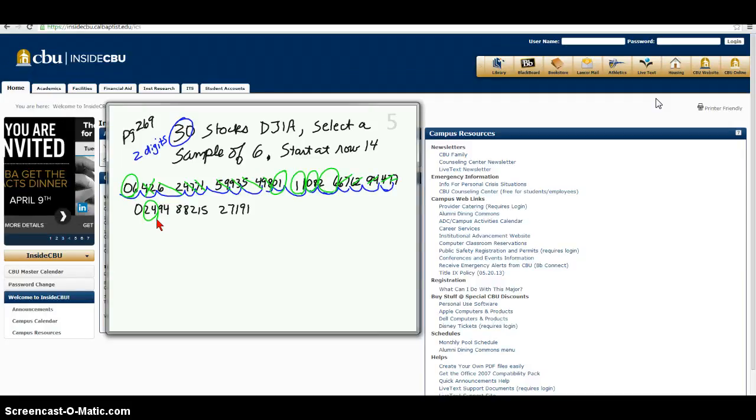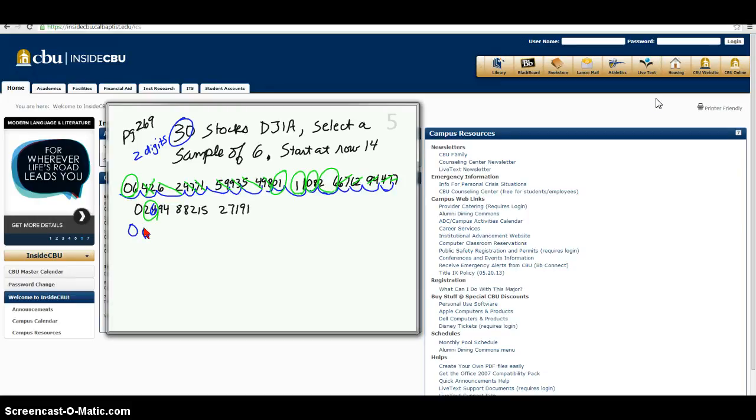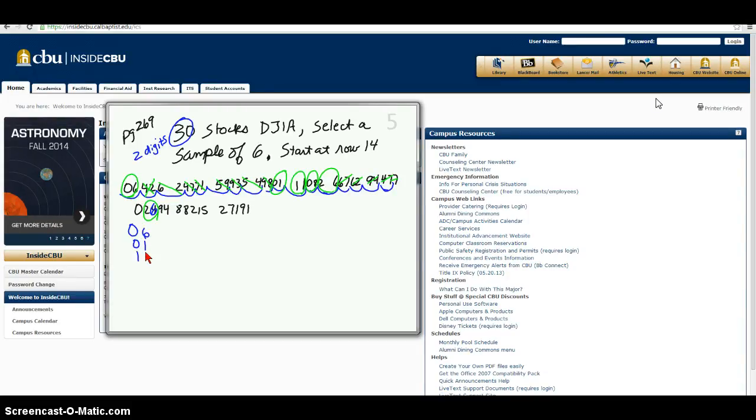Okay. So what if, instead of this number being 24, what if it was 26? We have 06, we have 01, we have 11, we have 8, we have 26, 1, 2, 3, 4. And this one was 26. Would it be included in our group?